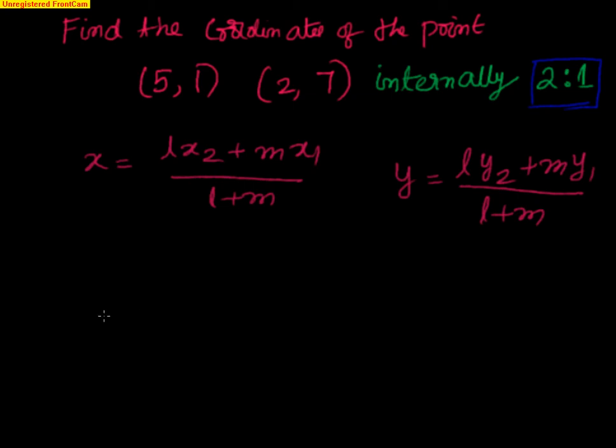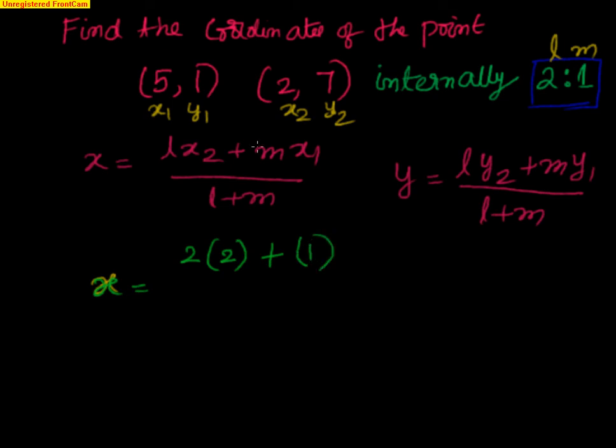Okay. Now you are comfortable putting this? That's fine. x1 y1, x2 y2, L and m. I prefer 2. So I'll go ahead and say x equal to L into x2, that is 2 into 2, plus m into x1, that is 1 into 1, divided by L plus m, 2 plus 1, which is 3.